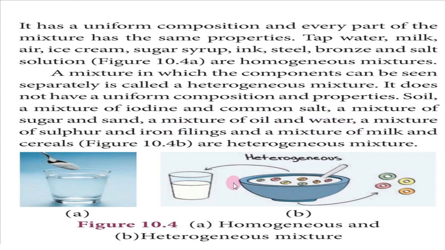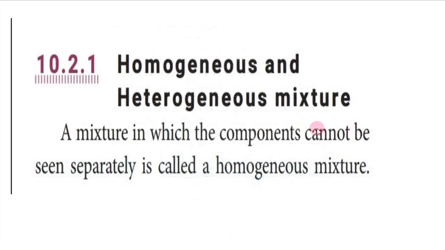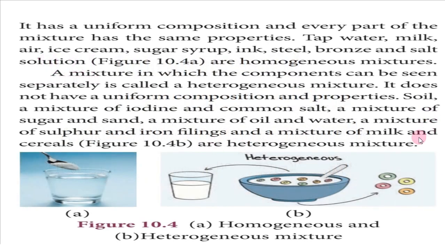This much is enough. This diagram no need to draw. Have you understood? So to answer how homogeneous mixture differs from heterogeneous mixture with examples, start from this paragraph and go up to this paragraph. Okay, have you understood?